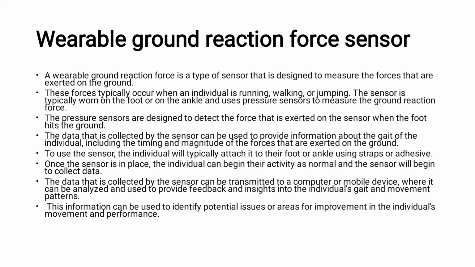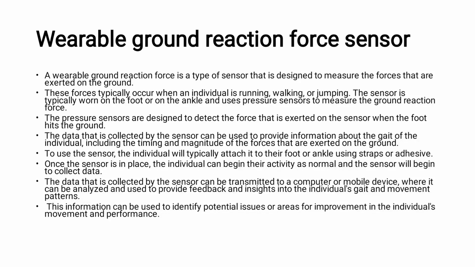This type of sensor is designed to measure the forces that are exerted on the ground. This type of force is called ground reaction force. It occurs during running, walking and jumping. This sensor will detect the force that is exerted on it when the foot hits the ground.